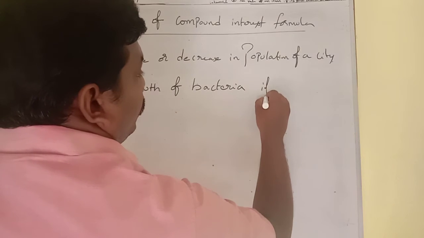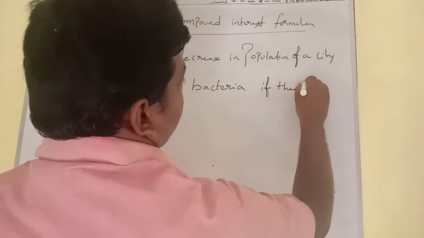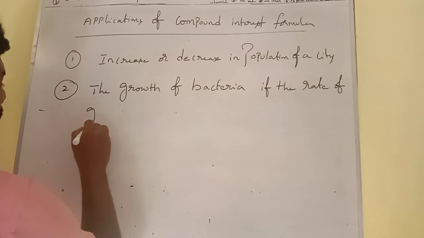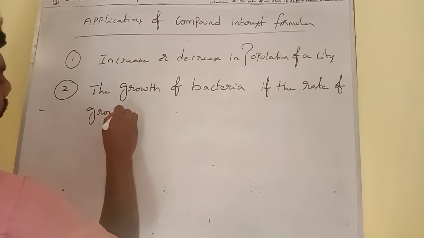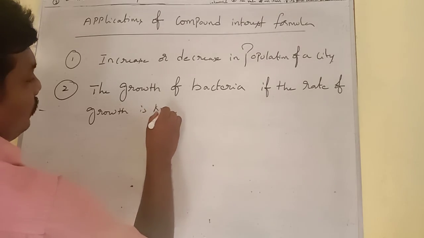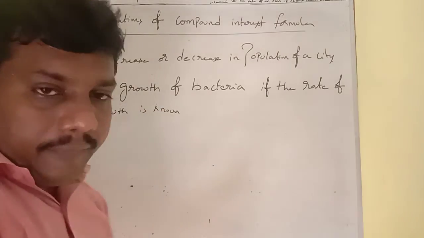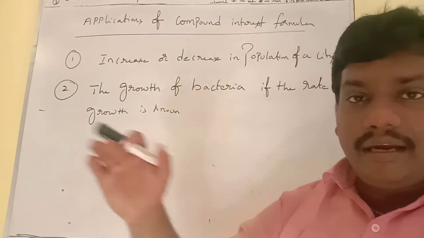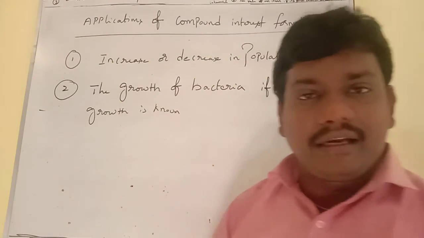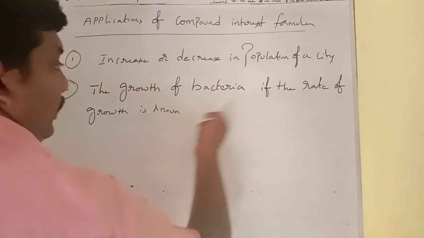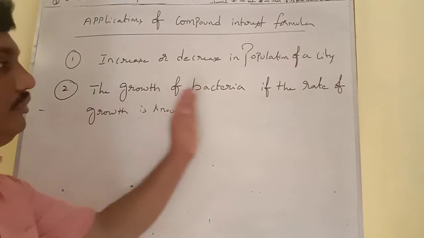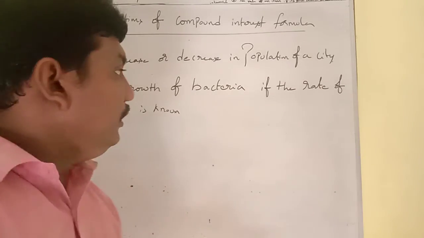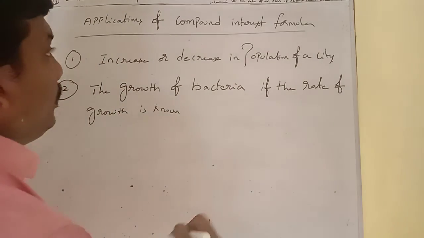If the rate of growth is known in a locality, how the bacteria will increase, second to second or millisecond to millisecond. If the growth rate is known in a locality, we can find the growth of bacteria by using the compound interest formula.